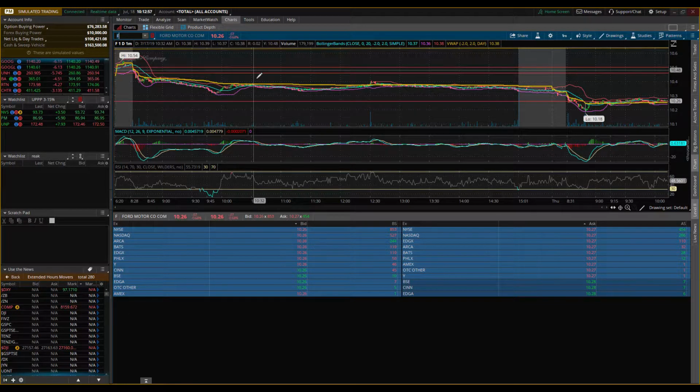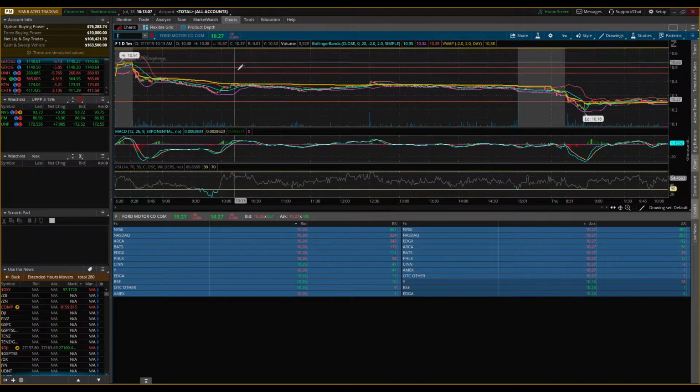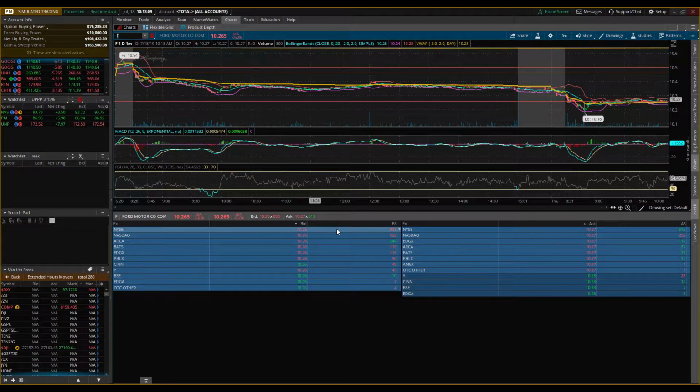Obviously, they're not releasing it to the press, and the only way people are going to see it is from level 2 data. So if you're not looking at level 2 data, you may miss out on a huge buyout or some type of huge opportunity that comes from finding that institutional trade.